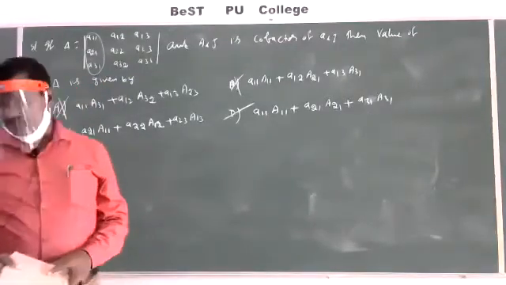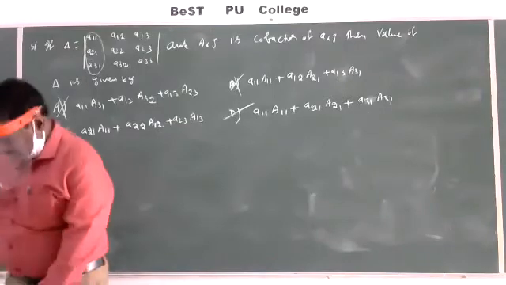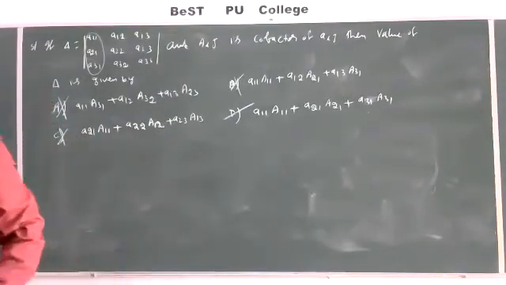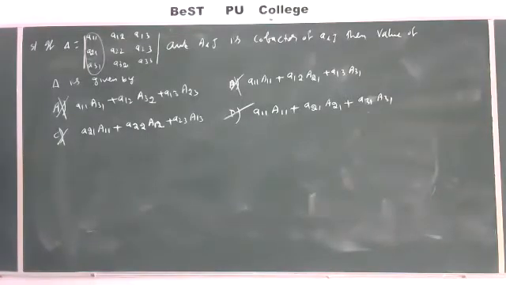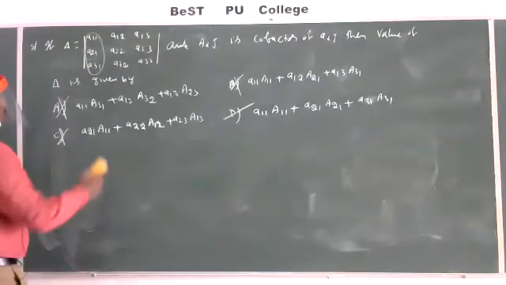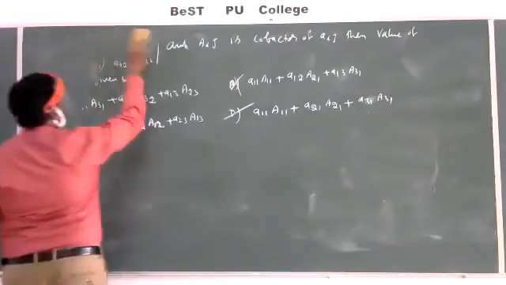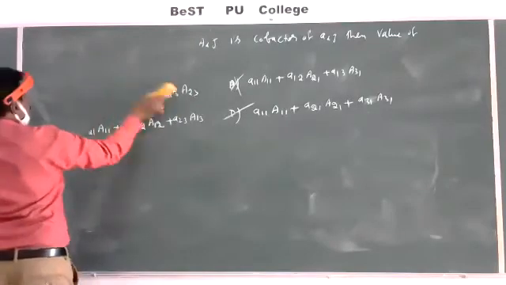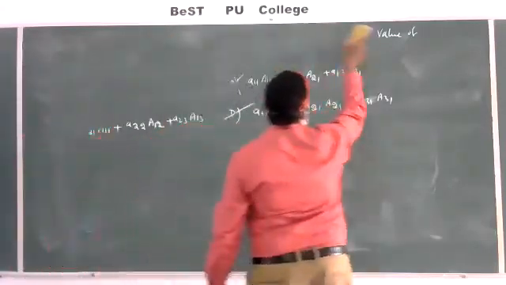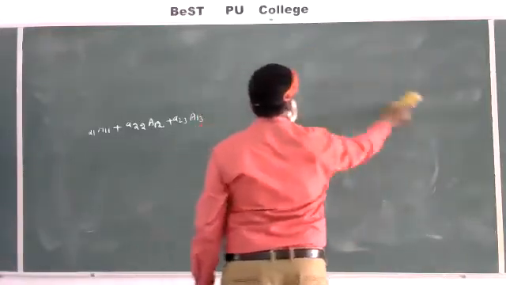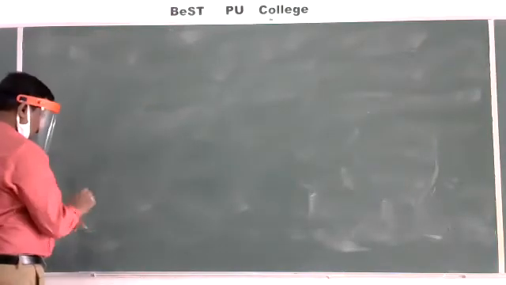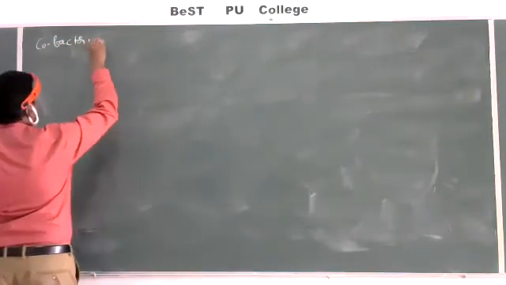Adjoint and inverse of a matrix. First, you have to write the cofactors matrix.